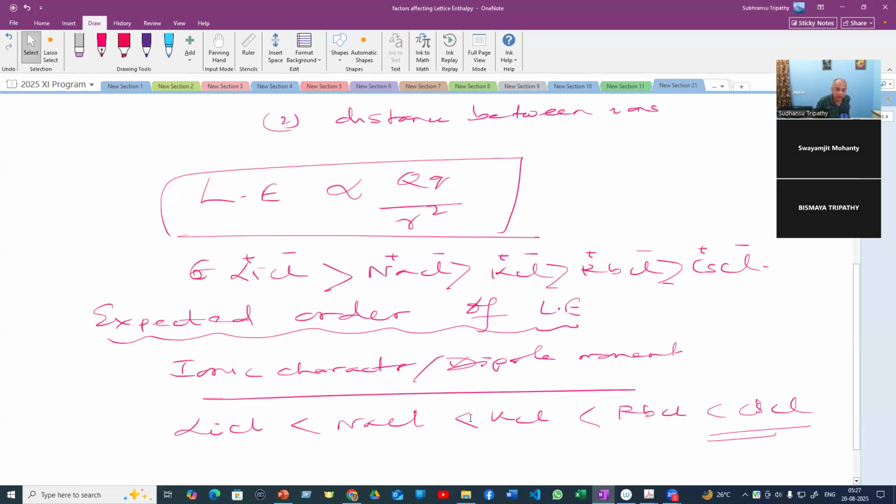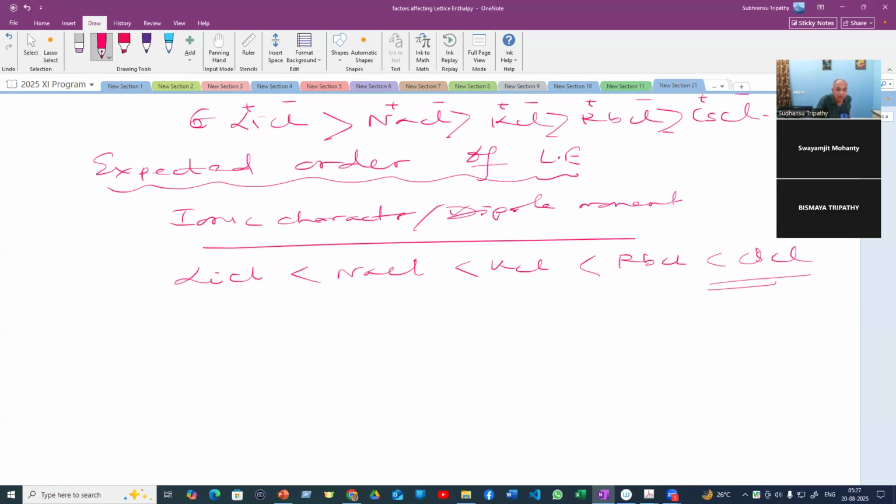The lattice enthalpy takes into account the magnitude of charge, which may be reduced by the polarization effect, and the separation between them. As you know, the R square factor is in the denominator and the charge factor is in the numerator. You know that.